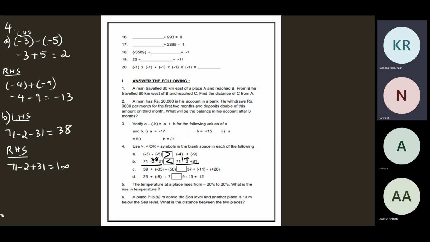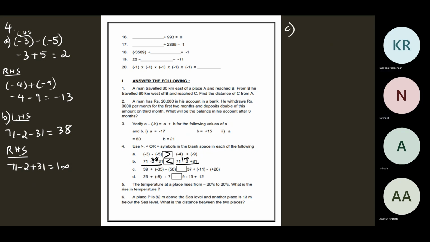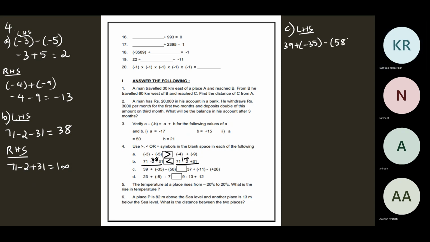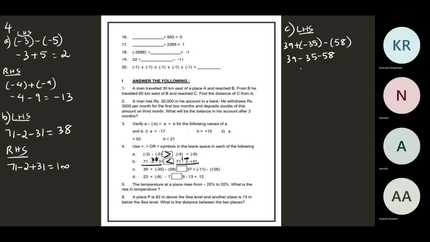Okay, let me do the C now. C, left hand side: 39 plus minus 35 minus 58. When you open the bracket, it will be 39 minus 35, which is 4, minus 58, which is minus 54.